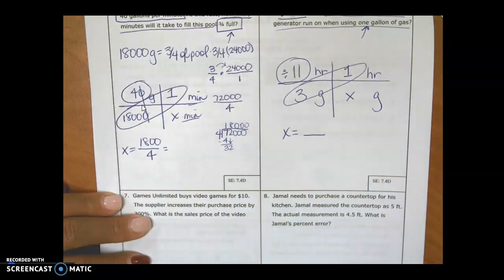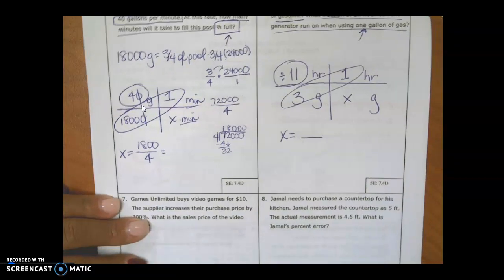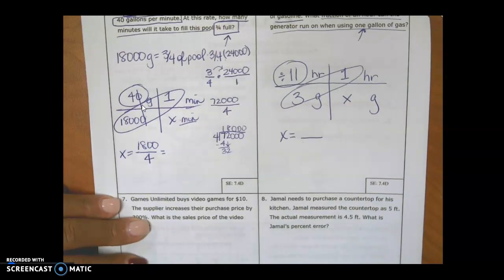What are you multiplying? Multiplying 3 and 1. And then what are you dividing by? 11. Okay, so what's going to go in your fraction? 3 over 11.